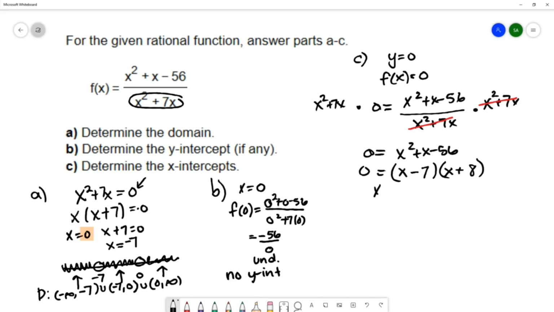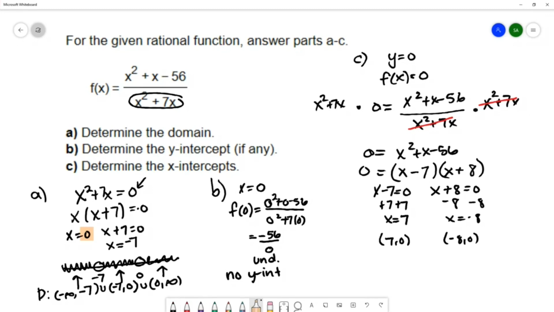We can use the zero product property and set each factor equal to 0. We have x minus 7 equals 0 and x plus 8 equals 0. I'm going to add 7 to both sides to get x equals 7. Subtract 8 to get x equals -8. And we do have x-intercepts here at 7, 0 and -8, 0.